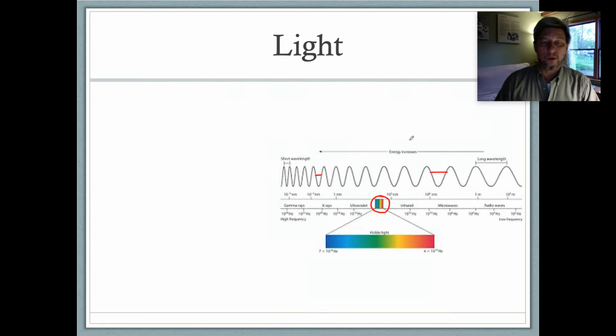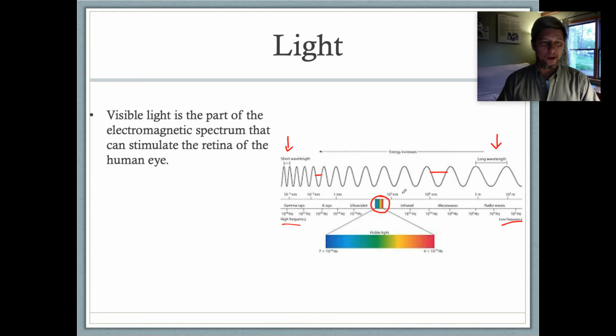So on this side, we've got a short wavelength and a high frequency. And on this side, we've got a long wavelength and a low frequency. But visible light is just this tiny little portion right here in the middle.